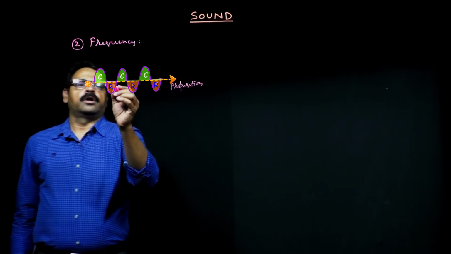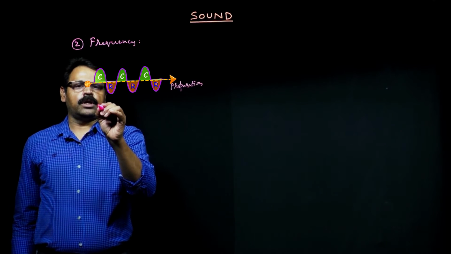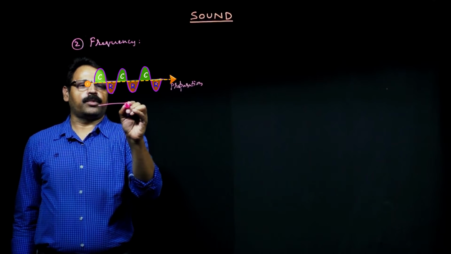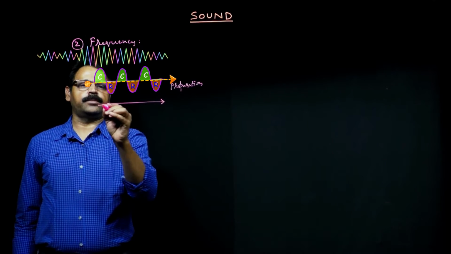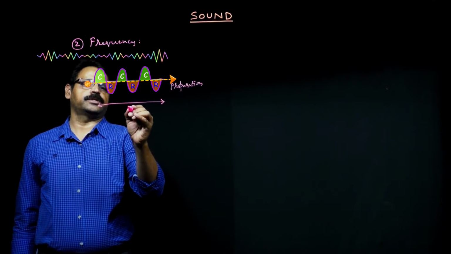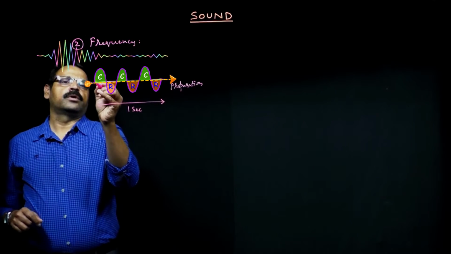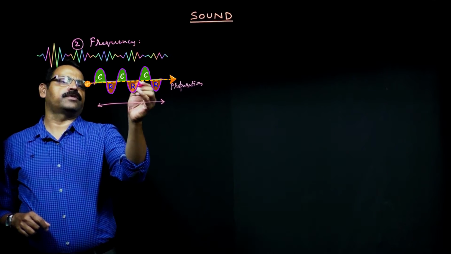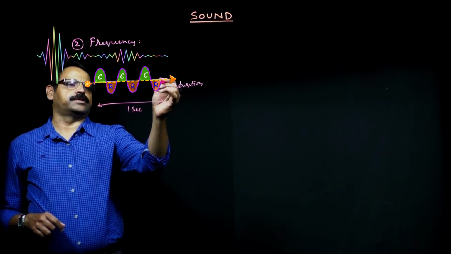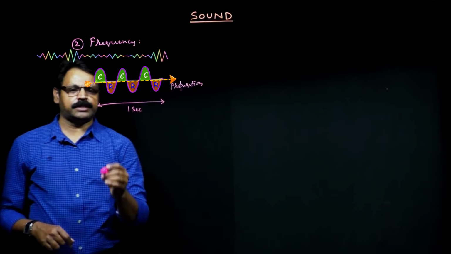Now, here, if it is making a number of vibrations, this is the time taken. Let us suppose in 1 second, these many waves are produced. So, here to here, this is 1 wave, 2 waves and 3 waves. That means 3 waves are produced in 1 second.